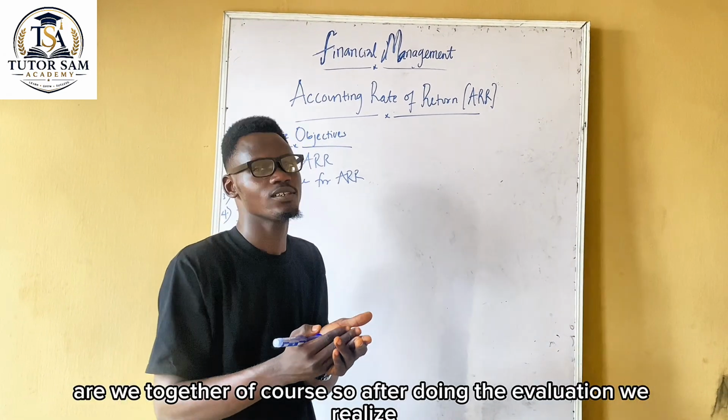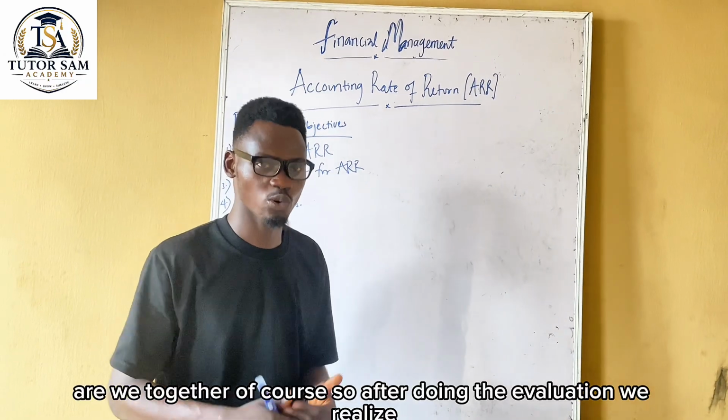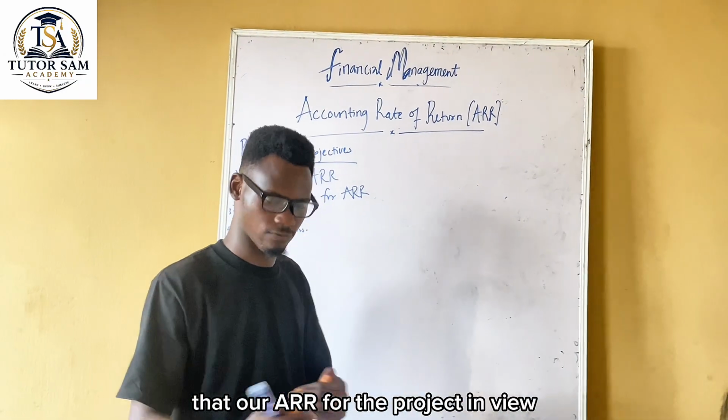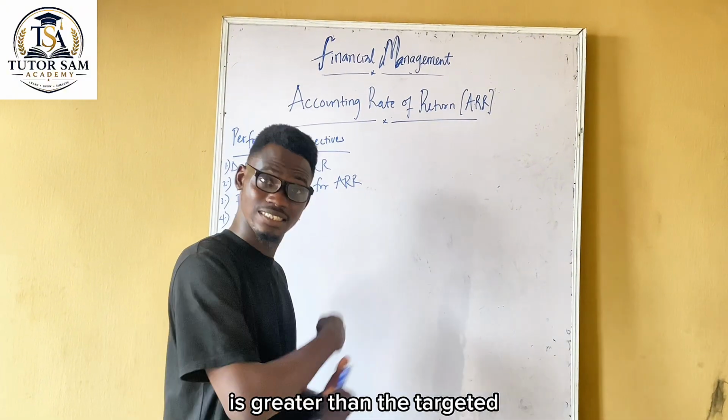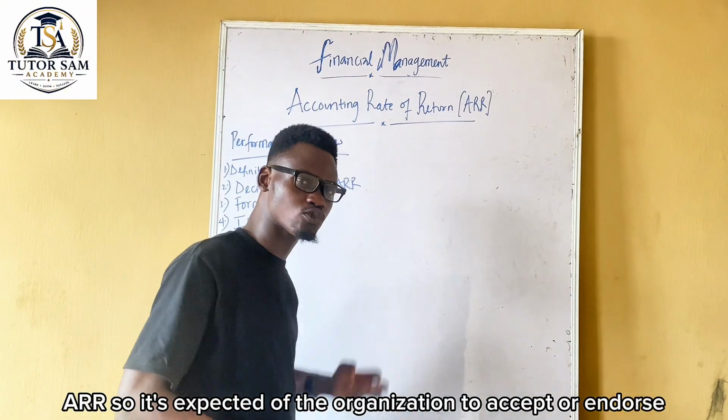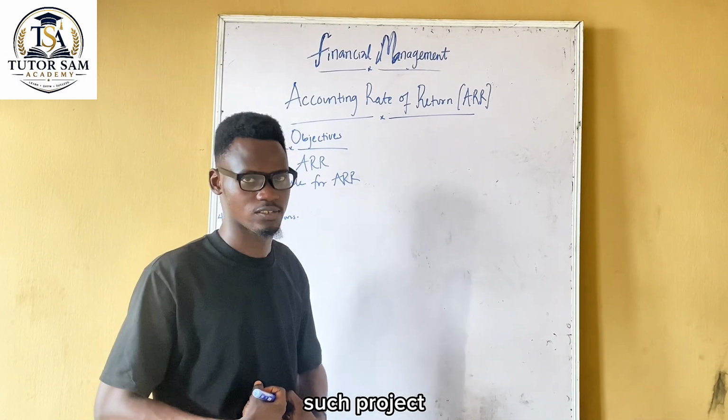Are we together? So after doing the evaluation, we realize that our ARR for the project in view is greater than the targeted ARR. So it's expected of the organization to accept or endorse such a project.